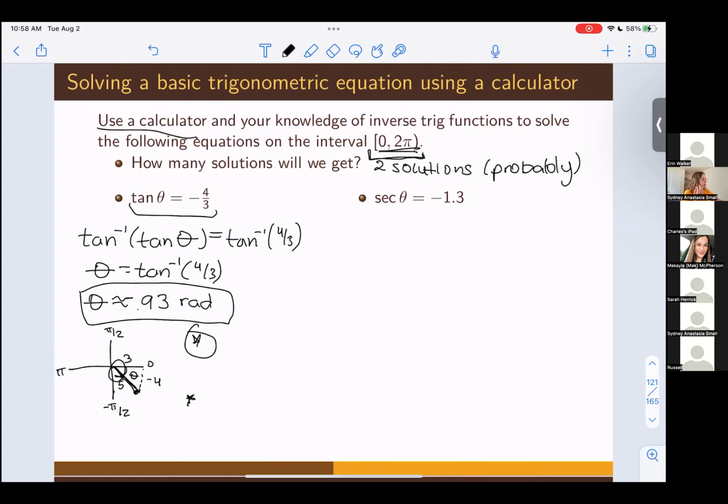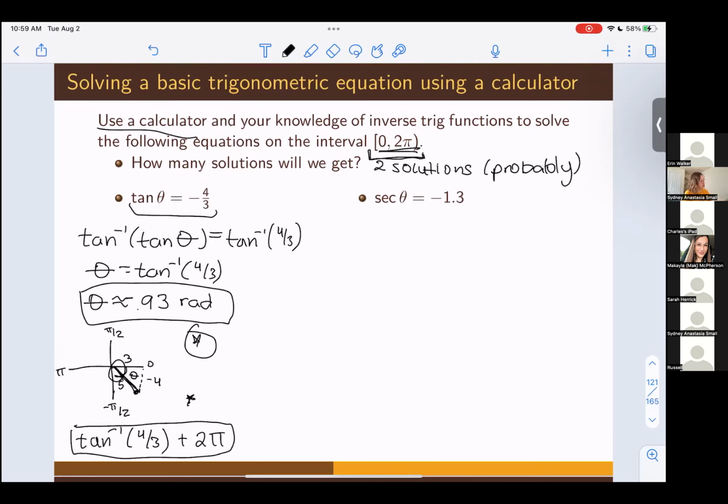So we know that one of our solutions is going to be inverse tangent of 4/3 plus 2 pi. That is going to be one of our solutions because the inverse tangent of 4/3 was -0.93 radians, which we used the calculator to compute. And then we just add 2 pi to it.